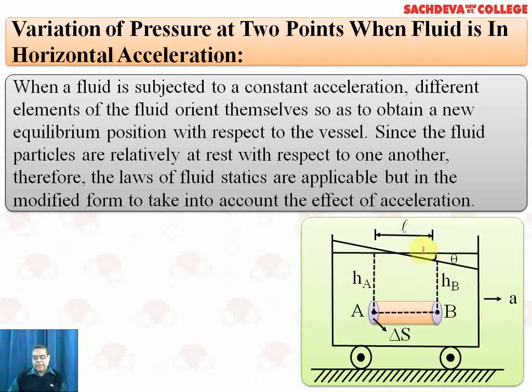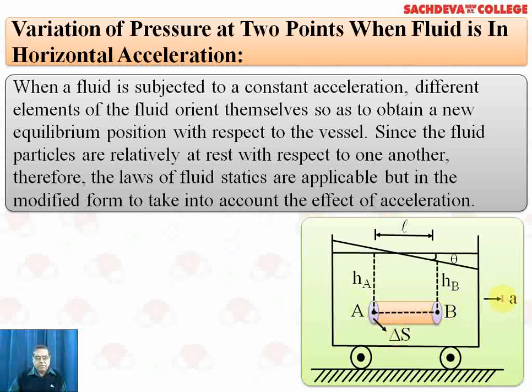Heights from the top are given as HA and HB, and the length in which the pressure is to be estimated is small l. Delta S is the area around a point, A or B. Now, the direction of acceleration is indicated. It is moving from left to right.